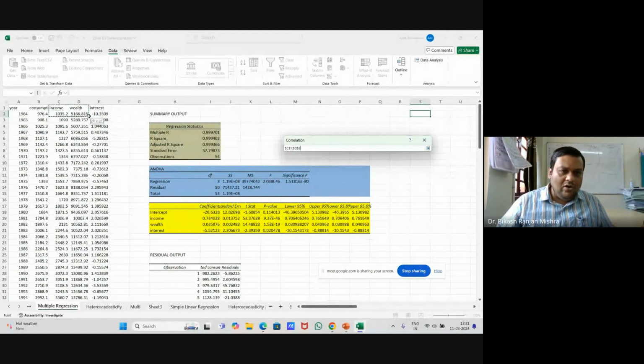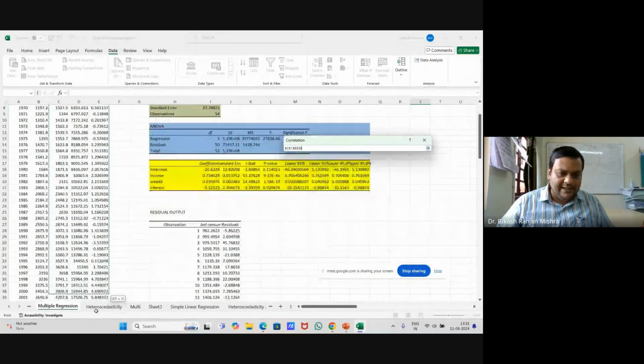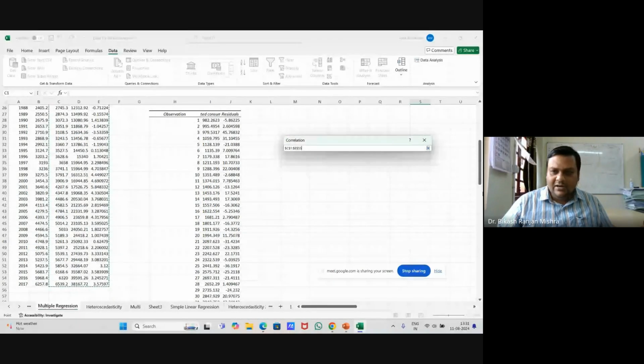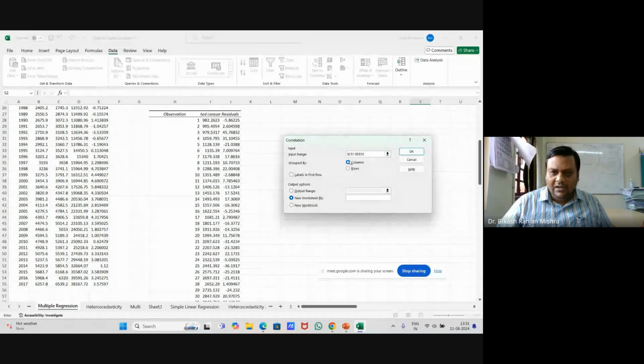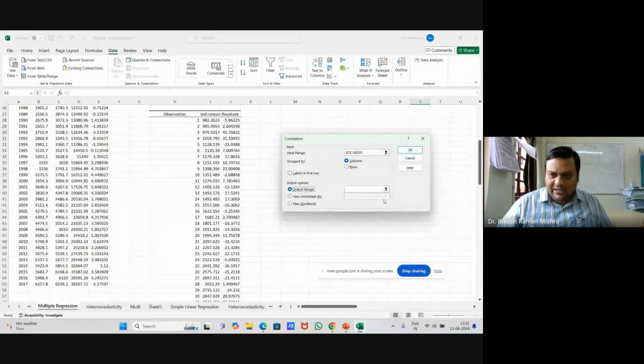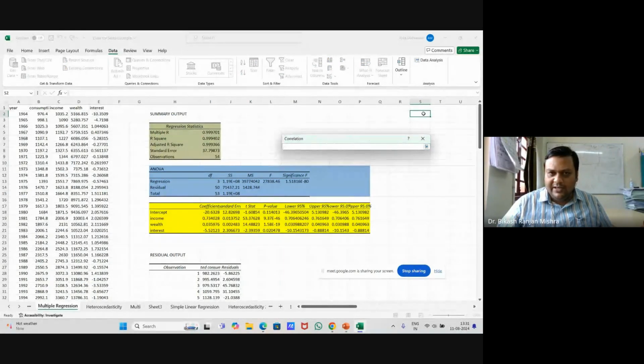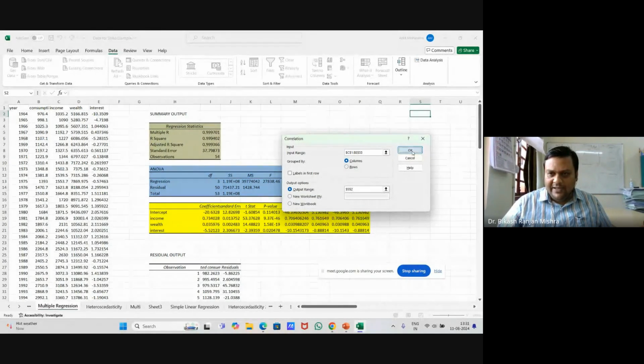Rather, we will use all three independent variables: income, wealth, and interest rate, clubbed together under the input range, with the columns selected. And wherever you want to show the result, you select the output range. Suppose I want to show my output somewhere at S2. So S2 is selected. Now go back and press OK.